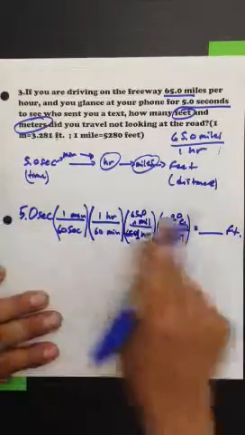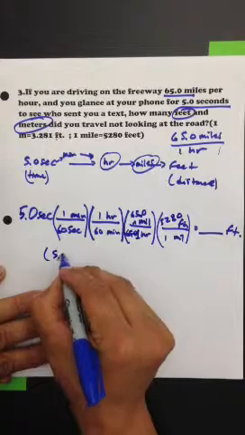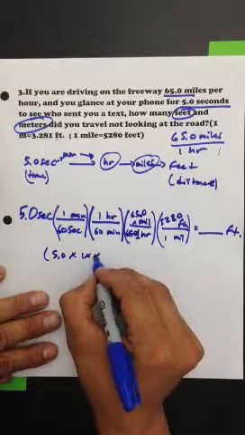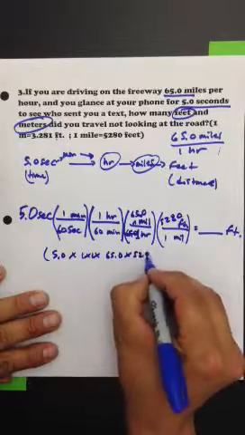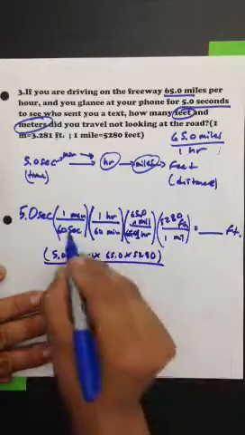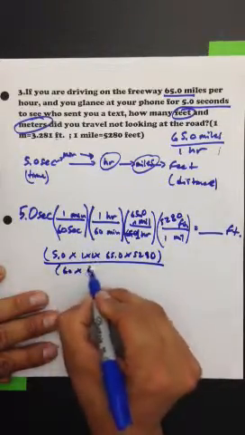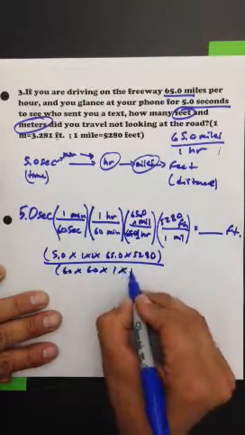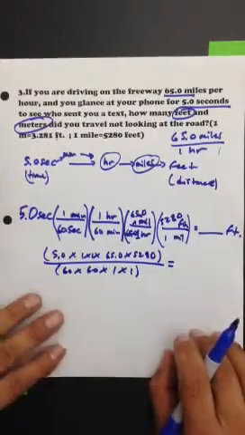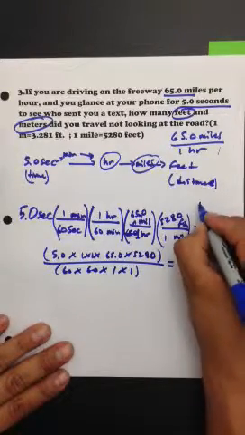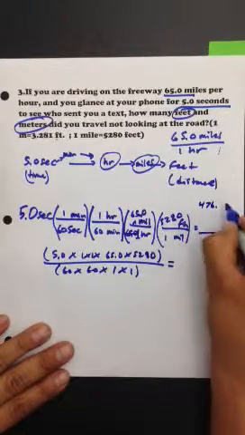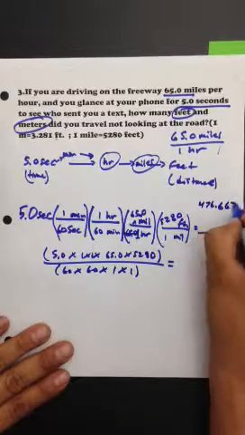Okay. In your calculator, 5 times 1 times 1 times 65.0 times 5280 divided by 60 times 60 times 1 times 1, and you're going to get something like, I'm just looking over at my previous work, 476,667.